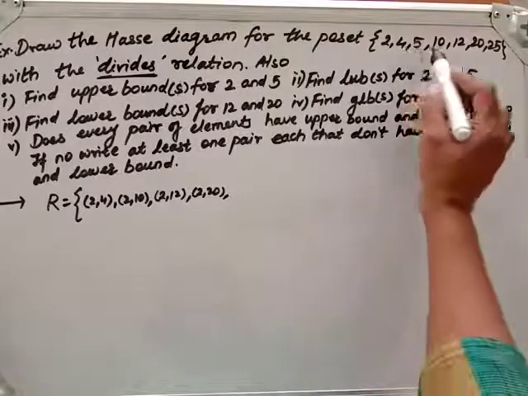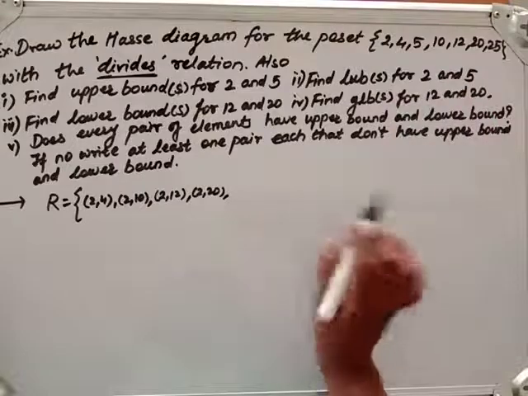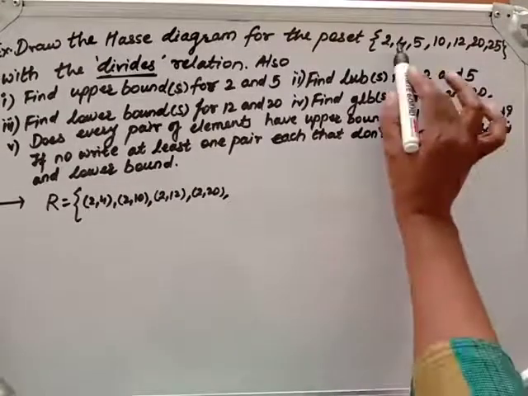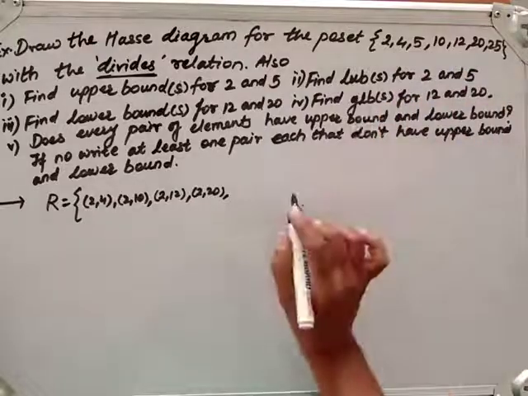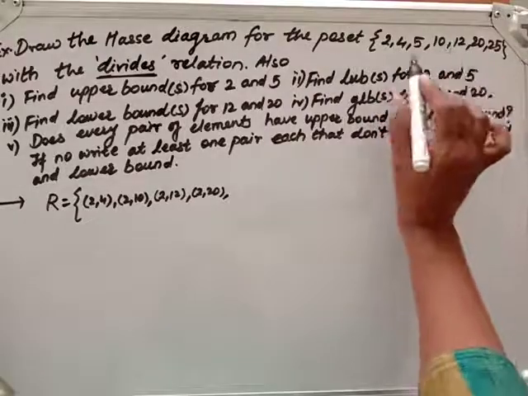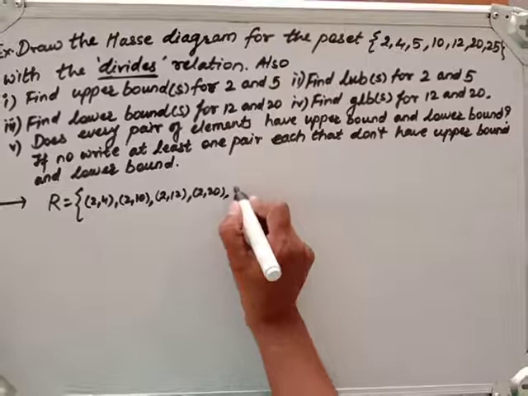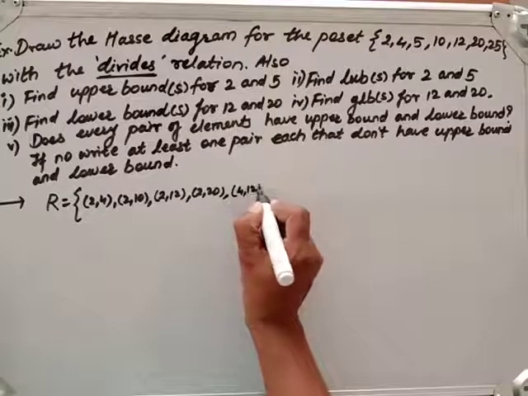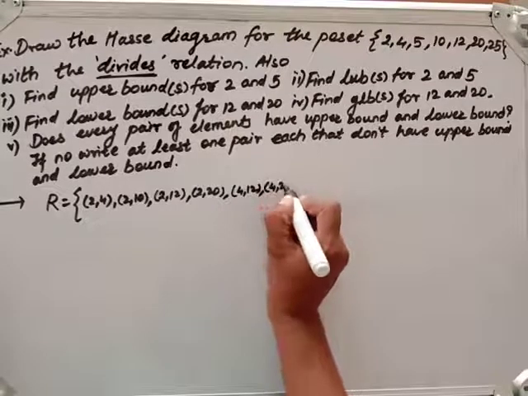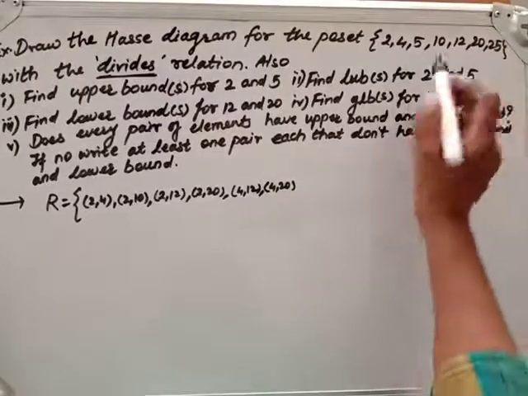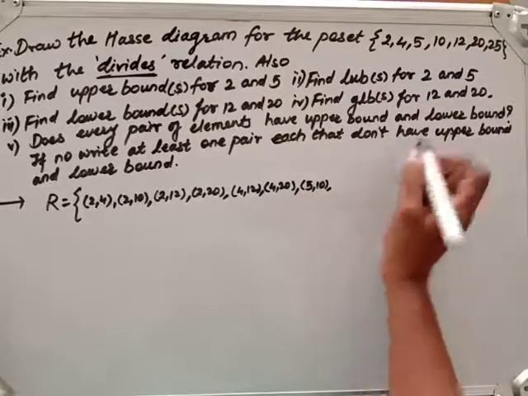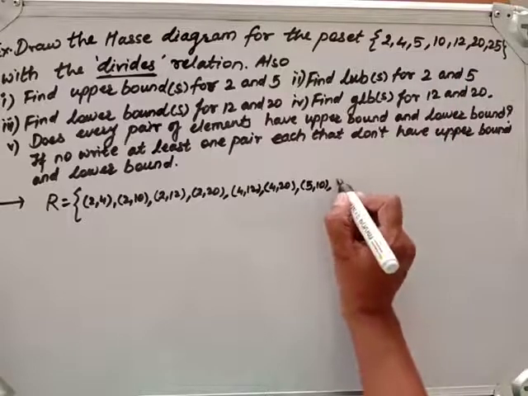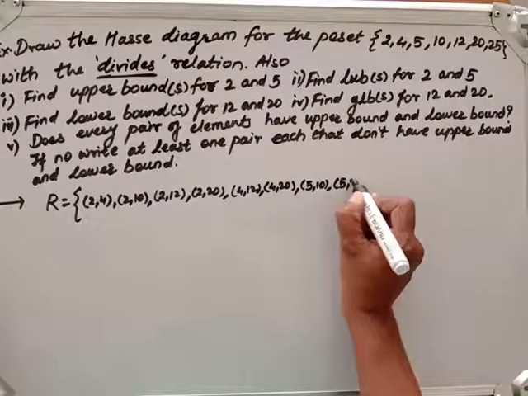Now 2 doesn't divide 25. So there is no pair between them. Now check for 4. 4 doesn't divide 5. 4 doesn't divide 10. 4 divides 12. Now 4 divides 20 also. 4 doesn't divide 25. Now 5 divides 10. Yes, 5 doesn't divide 12. 5 divides 20.